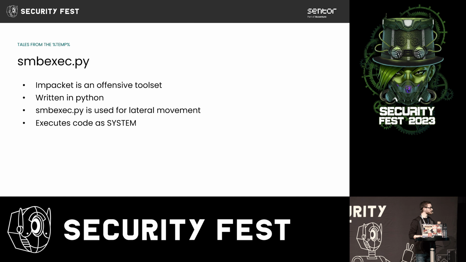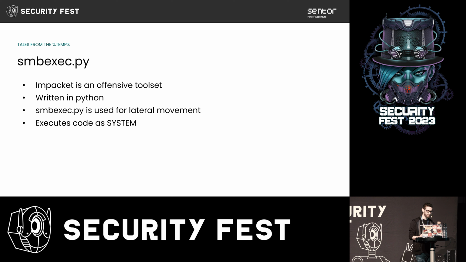All right. So I did a presentation at Disobey earlier this year when I talked about finding vulnerabilities in offensive tooling. I looked at a number of example scripts of Impacket, and I thought one of these fits the theme, because they also fail in how they use the temp directory. So this is the SMB exec.